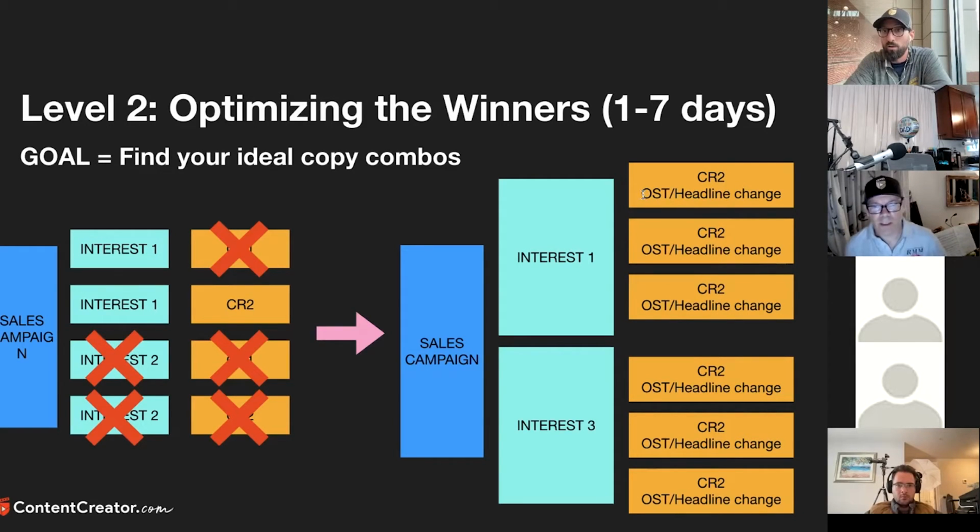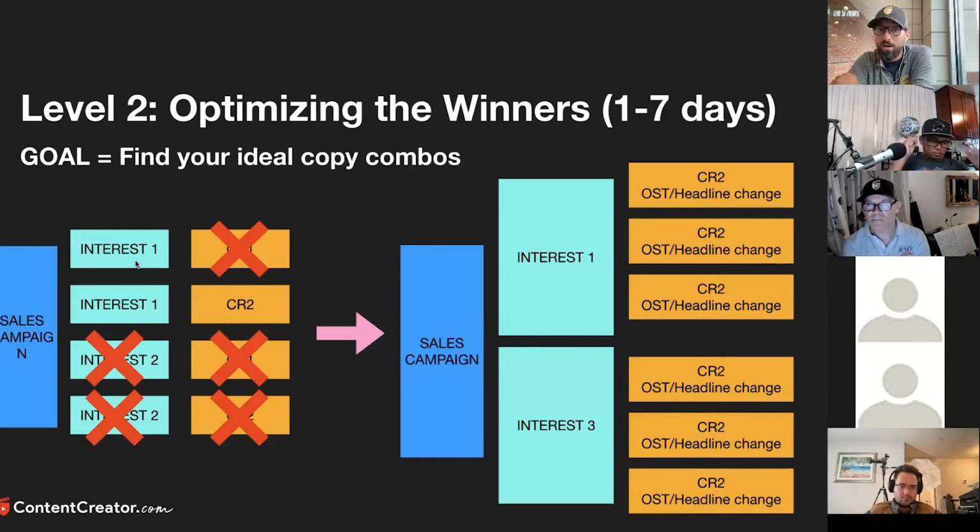Okay, so Steve, sorry, is this still the initial testing before we start scaling? Correct. So this is more like optimizing your winners. Okay, so let's say at level 1, James, you did exactly all this, but they all flopped, and they all were just not doing well.